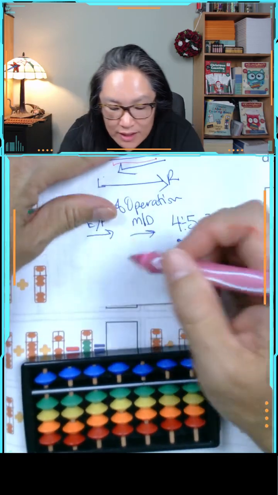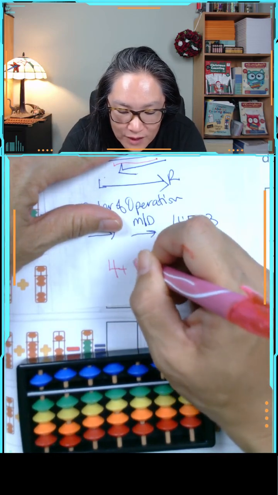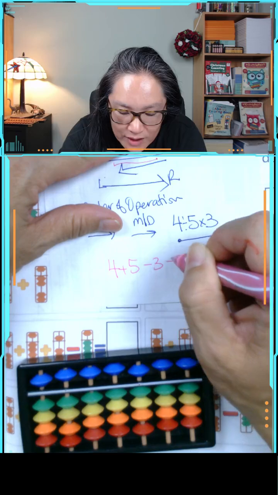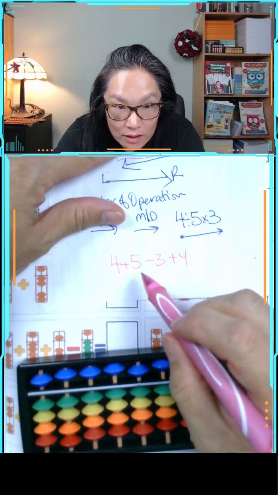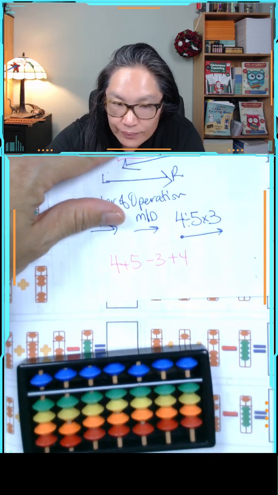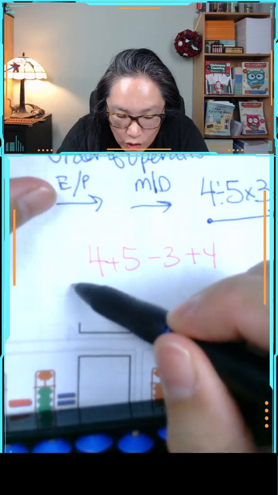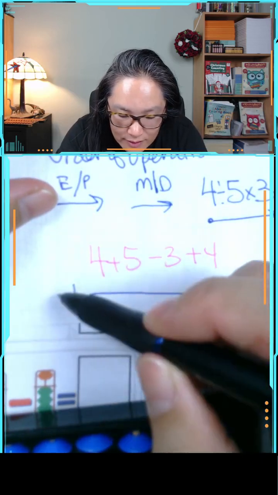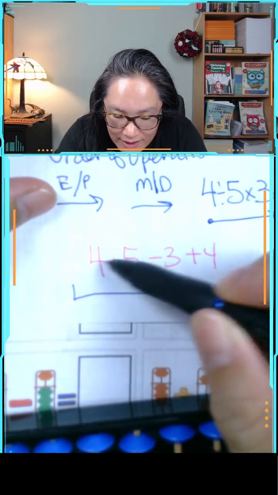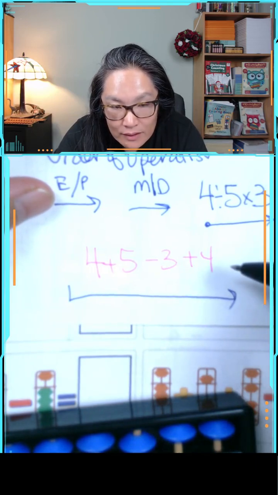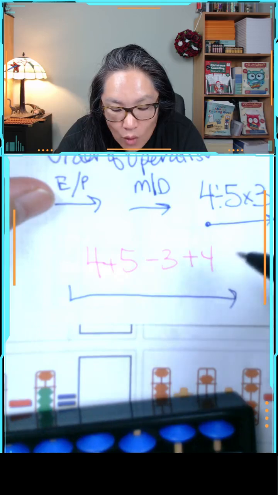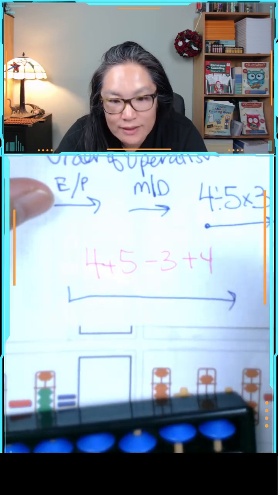Even when we do this, if we do 4 plus 5 minus 3 plus 4, you go left to right. You don't go right to left. Order of operation, you go left to right.